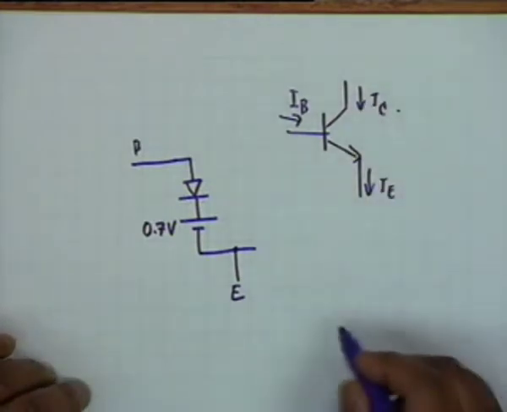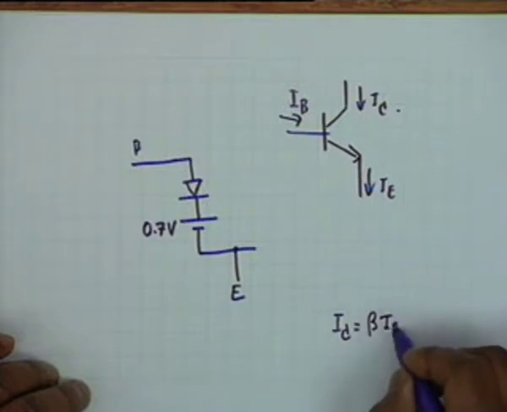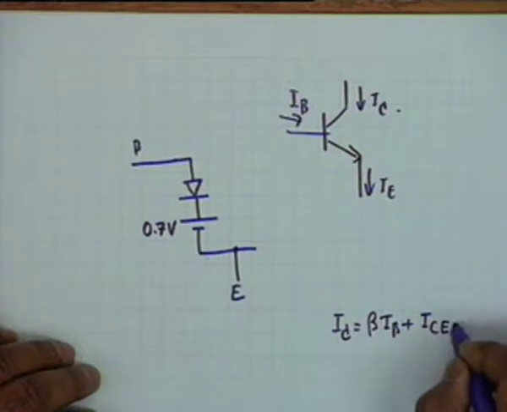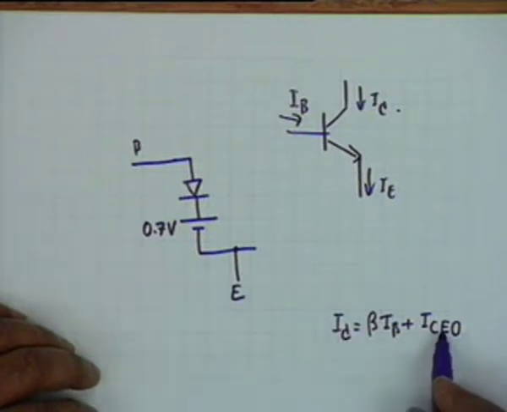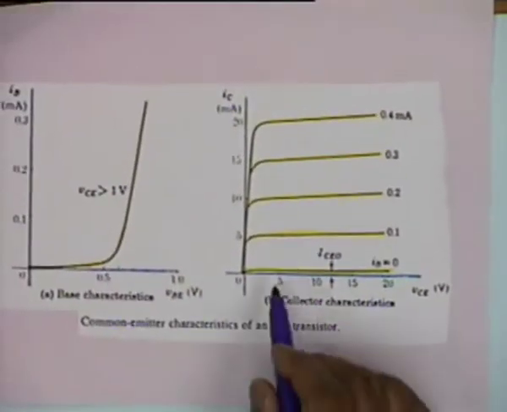And as far as the output is concerned, the output is simply beta I_B plus I_CEO, which is beta plus 1 times I_CBO, and this is independent of V_CE. As you can see here also, it is independent of V_CE.